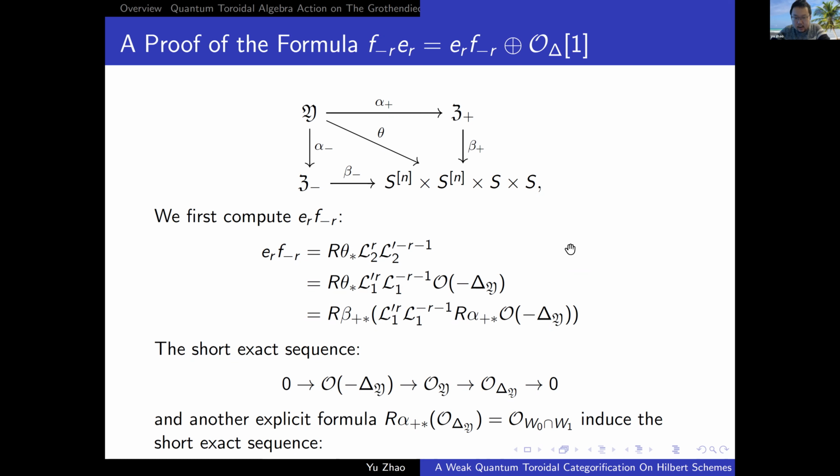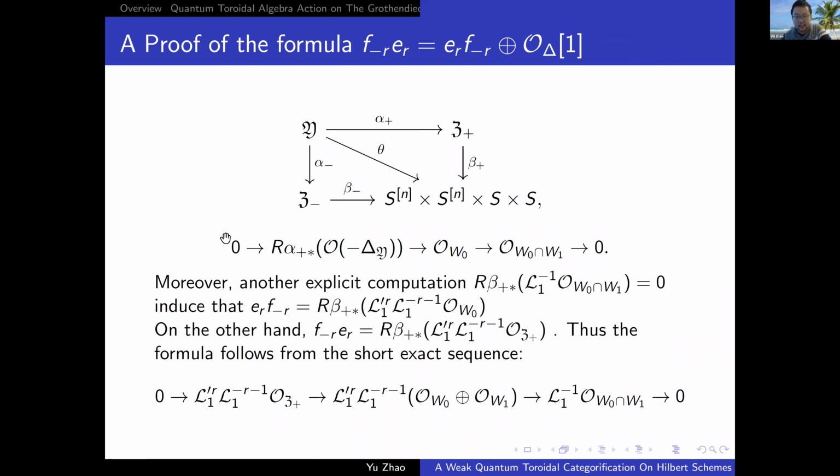First on Y we have this short exact sequence of coherent sheaves, and we know that O delta Y would push forward to W0 intersection W1. When we push forward this diagram, we would get another diagram, and we need to do one more step: compute the push forward of line bundles on W0 intersection W1.